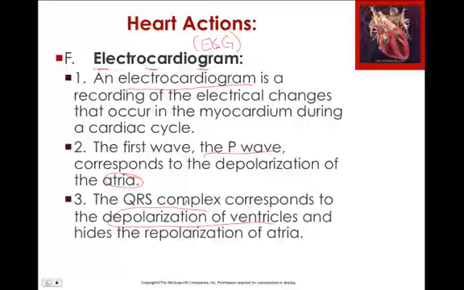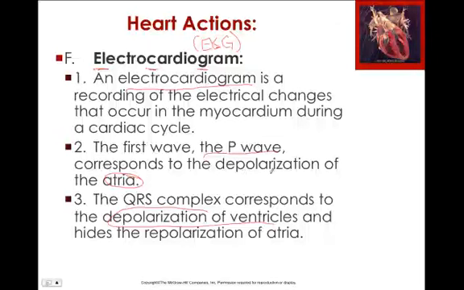So now that we've talked about depolarization and repolarization, you know what that is in terms of the nervous cells. The same thing is going to be happening in these muscle cells just before they contract. So these muscle cells in the atria are going to depolarize just before the atria contract.